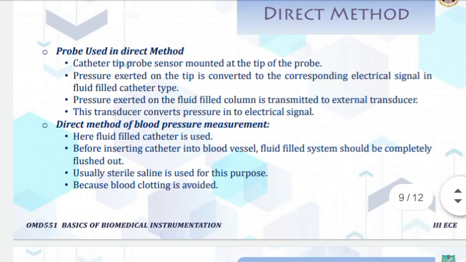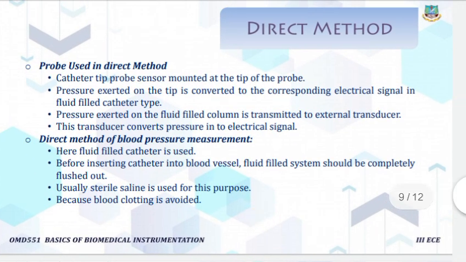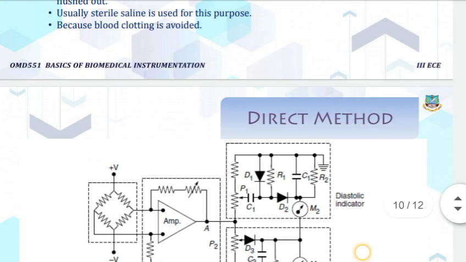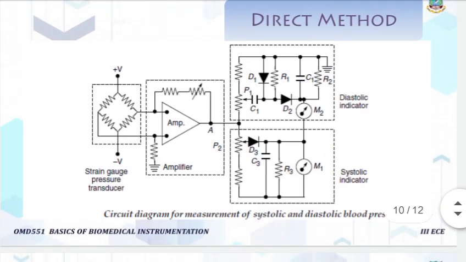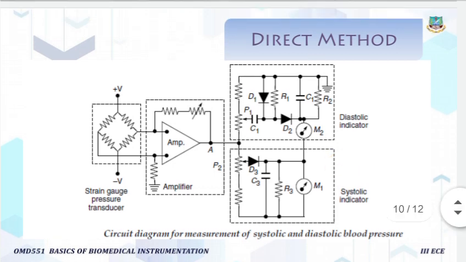Go through this one. Next, this figure is the circuit diagram for the measurement of the systolic and diastolic pressure. I will teach you. This is the strain gauge pressure transducer, and this is the amplifier.